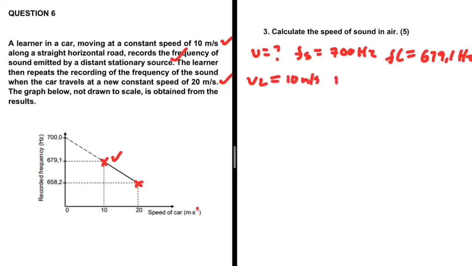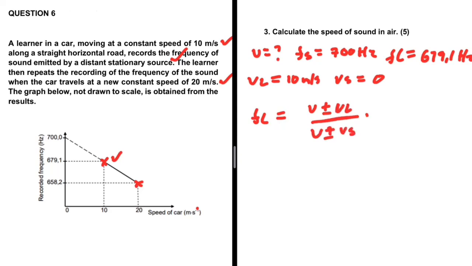And then Vs is equal to 0. We know that our source is stationary. So with this data, we can then use FL equals (V plus or minus VL) divided by (V plus or minus Vs), multiplied by Fs. We know fully well that our listener is moving away.